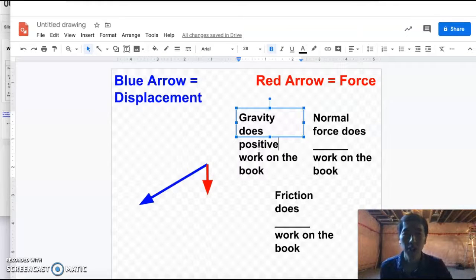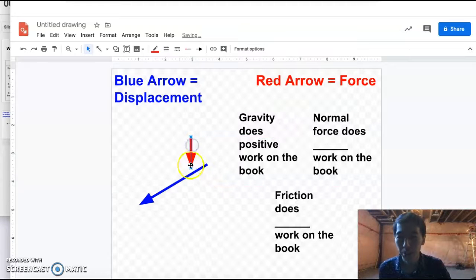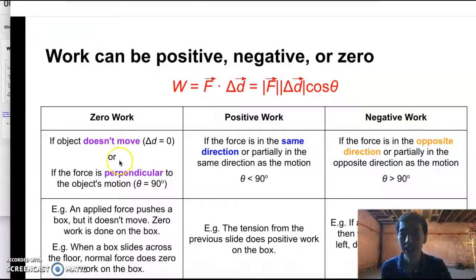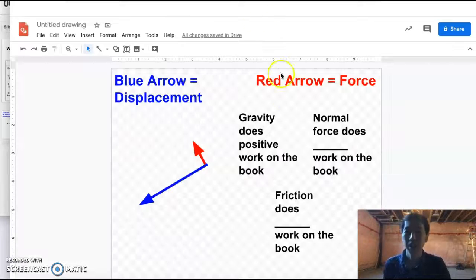How about the normal force? Well, the normal force is perpendicular to the ramp, which actually also means that it's perpendicular to the displacement. Since it's a 90-degree angle, we have the special case here: normal force does 0 work on the book.